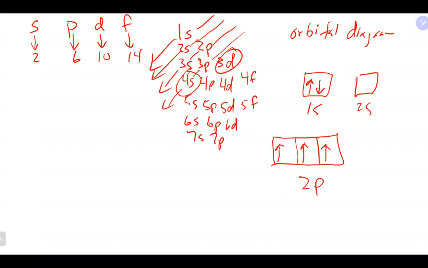It says that the most stable arrangement for electrons is parallel spin. So that keeps them all going in the same direction. At that point, we would run out of room. So after we give each one a single electron, we would go back and then start pairing them off, until it is filled as well.